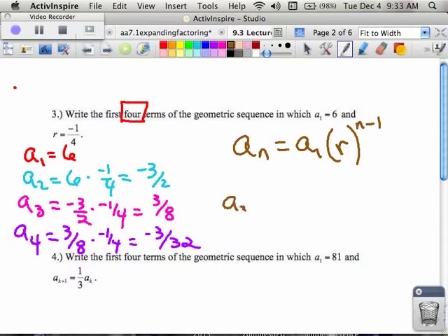A sub 3 would have then been a sub 1, which was a 6, times that ratio of negative 1/4 raised to the 3 minus 1 power. If you were to type this in your calculator, you would find out that it is 3/8 as well. Try it right now.